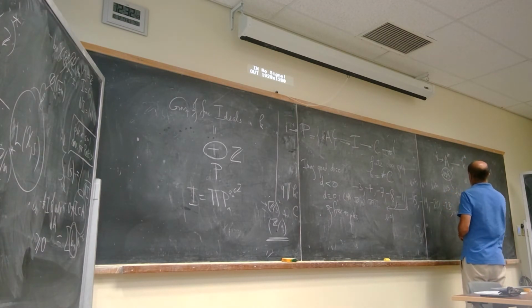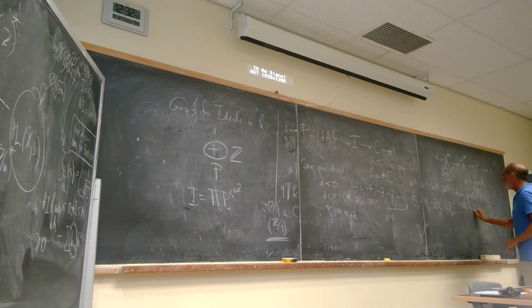And the rank is R1 plus R2 minus 1, where R1 and R2 are the number of real and complex embeddings of the field. So if you have embeddings into the reals, there are R1 of those. So they have to do with the factorization of the polynomial f of x over the real numbers. This is the number of real roots, and this is the number of pairs of complex conjugate roots.